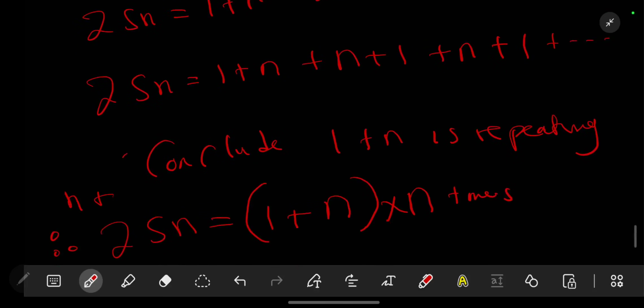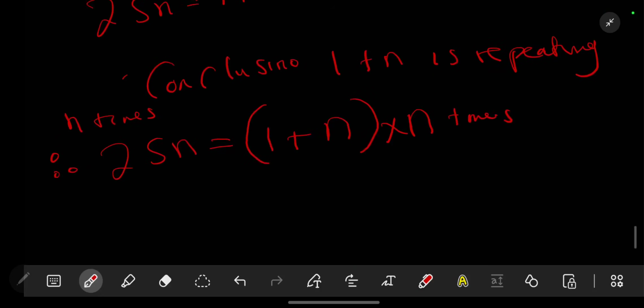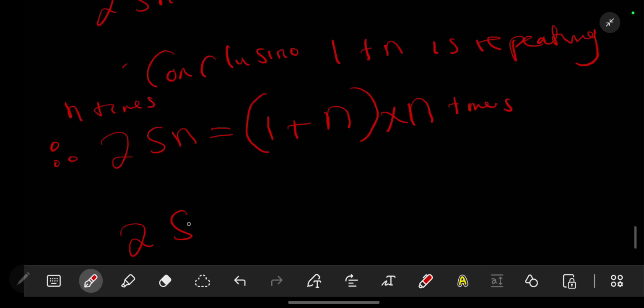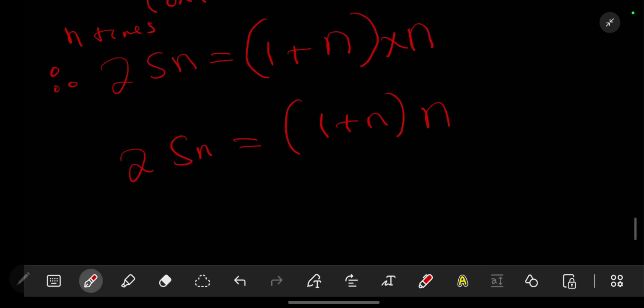So the conclusion: 1 plus n is repeated n times. So we have 2Sn equal to 1 plus n times n. So this is what we have.